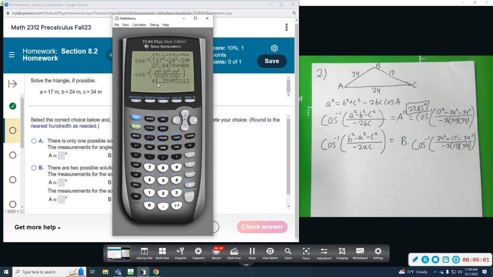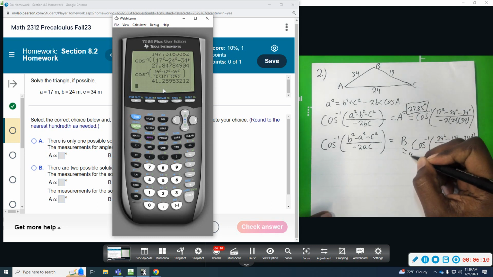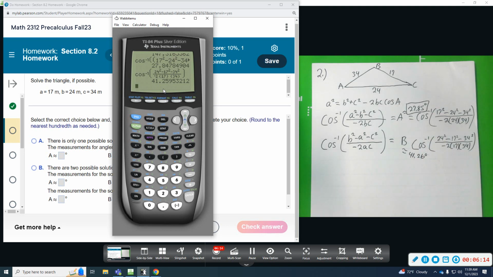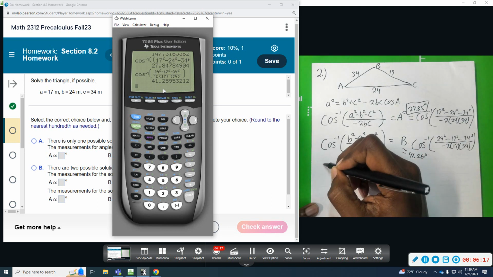Right. And so this gives us 41.25, but that 5 will round up to a 6, so 41.26. All right, so then we'll use our rule of 180.